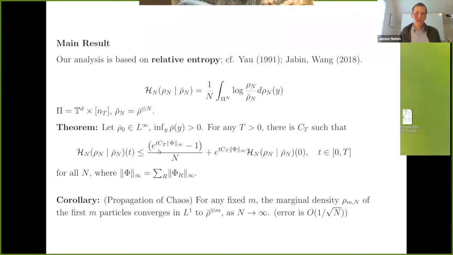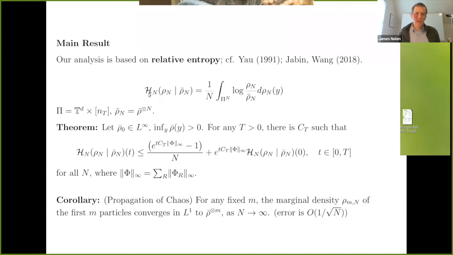Okay, so as I mentioned, our analysis is based on the relative entropy method, as was discussed in the mini course of Professor Jara last week. This originated with the work of Yau. Our approach was inspired by recent work of Jabin and Wang, who looked at particles interacting through singular drift.